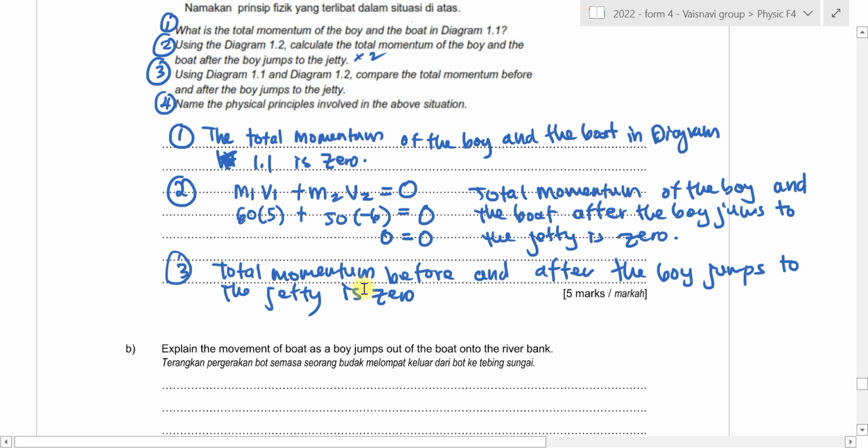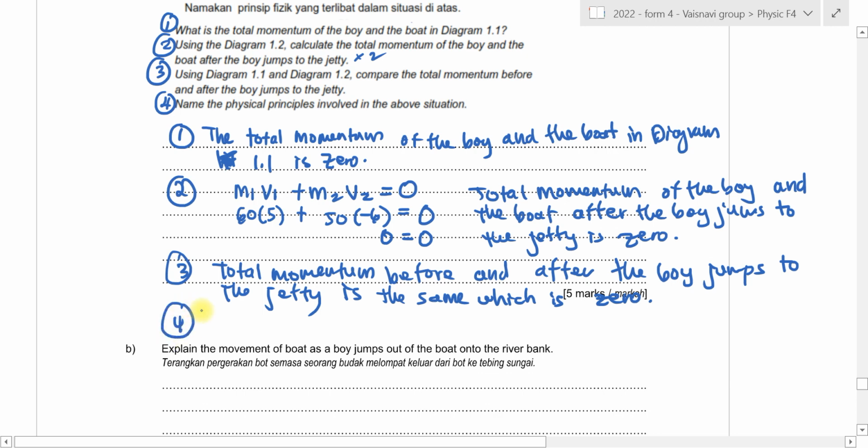Is the same, that is 0. Must tell whether it's different or same or more or less. That is compare, right? Okay, is the same, which is 0. If you never mention 0 also is okay. You tell same, that's the main point that we want to see.